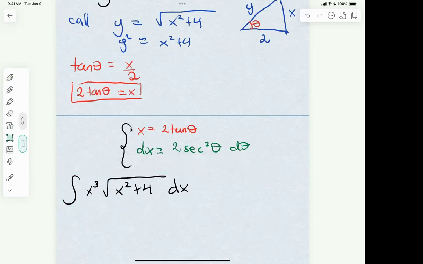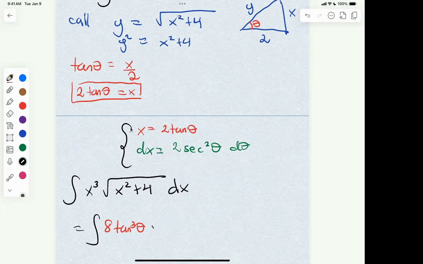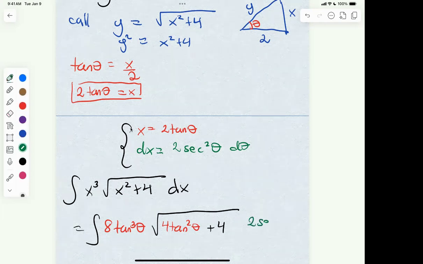So what is x cubed? X cubed is 8 tangent cube of theta. And then x squared is 4 tangent square of theta plus 4, right? And dx is 2 secant squared of theta d theta.